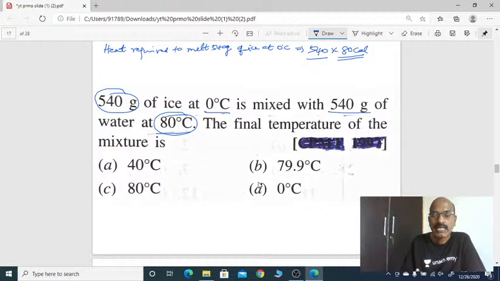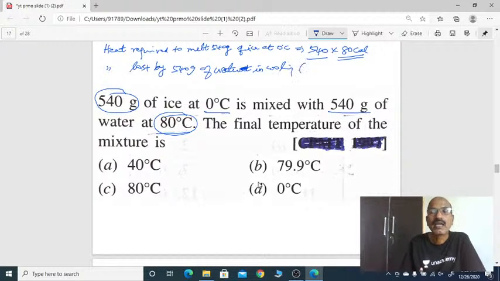Now, when it is mixed with 540 gram of water, the heat is lost by the 540 gram of water in cooling from 80 degree to 0 degree Celsius.